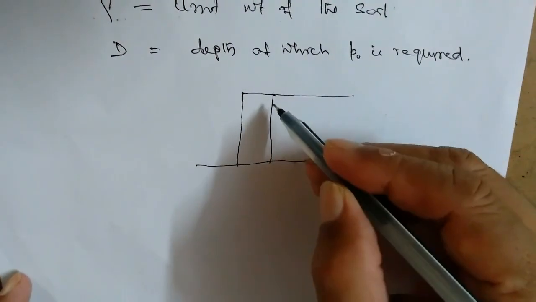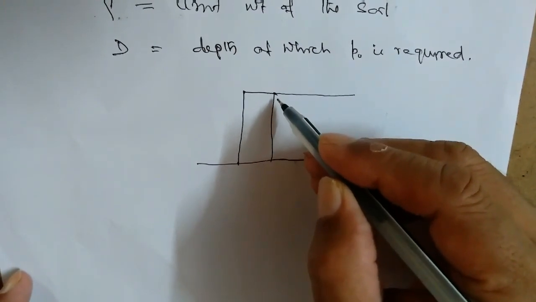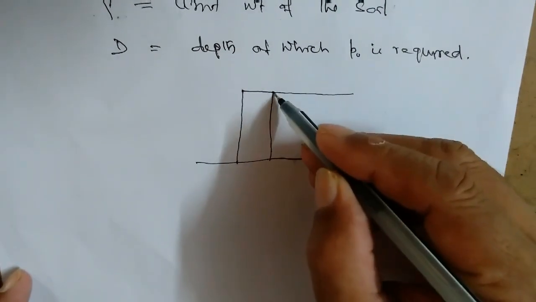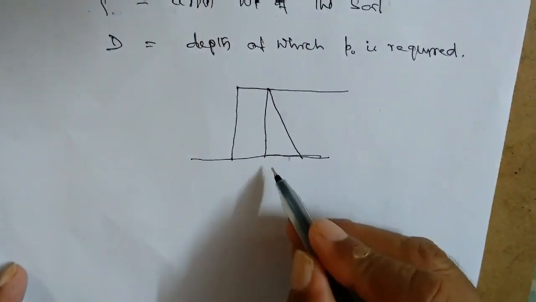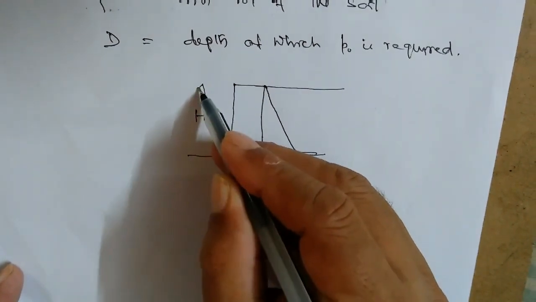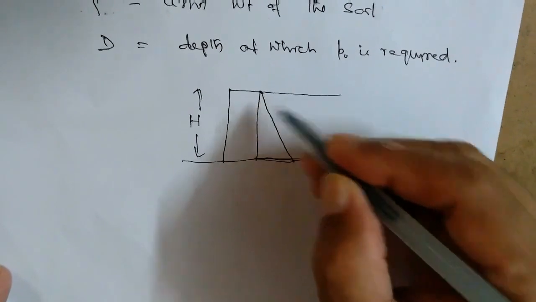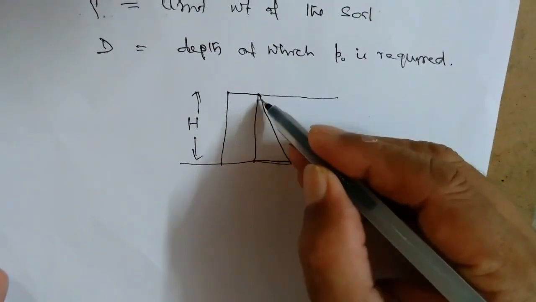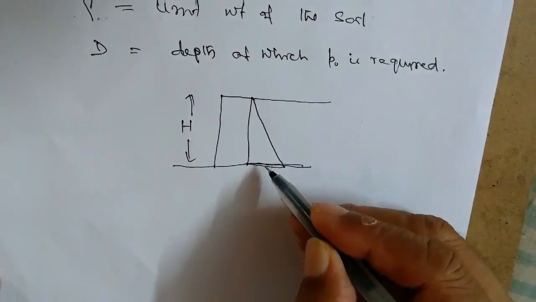Then the earth pressure at rest varies from 0 to maximum, 0 at the top and maximum at the bottom along the height.